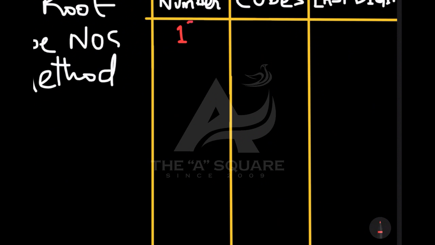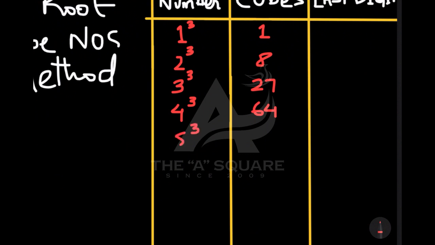1 cube means a number multiplied by itself 3 times. 1 cube is still 1. Then 2 cube is 8. 3 cube is 27. 4 cube is 64. 5 cube is 125. 6 cube is 216.